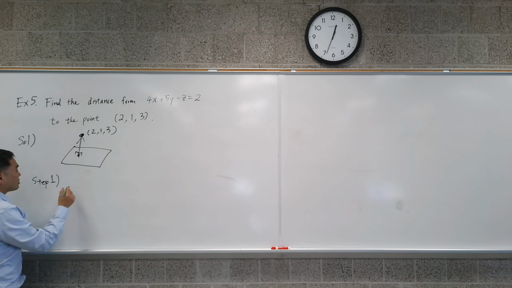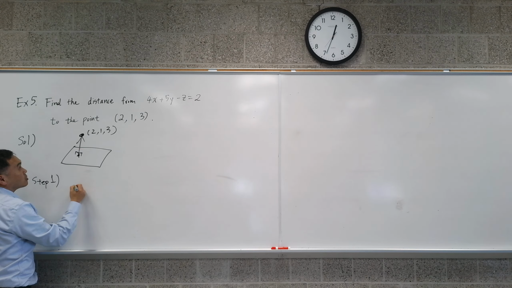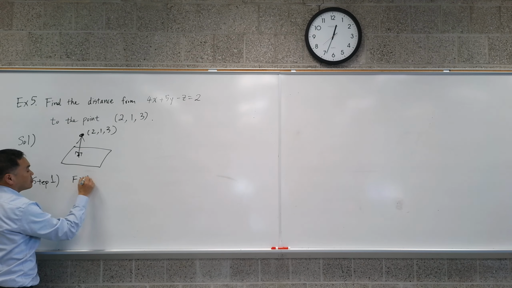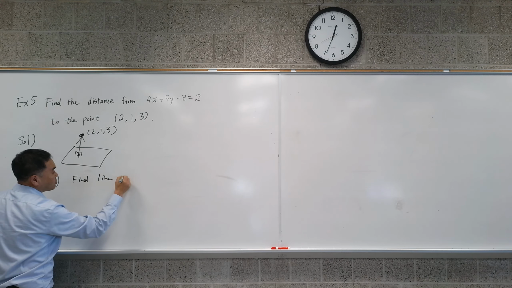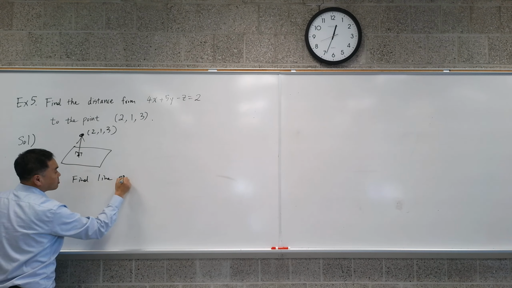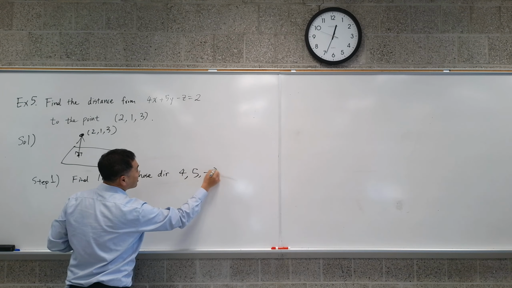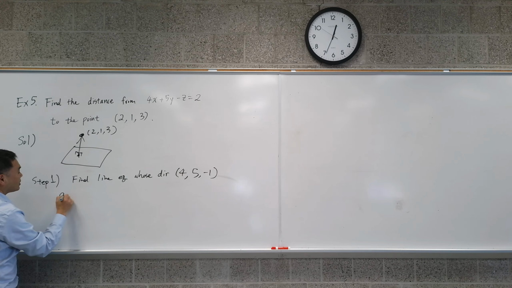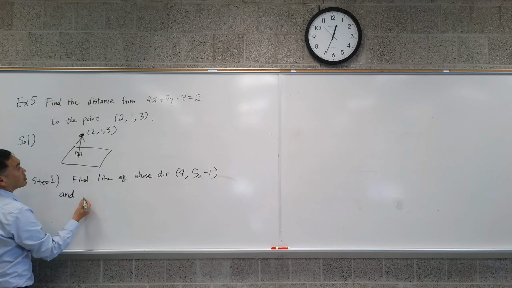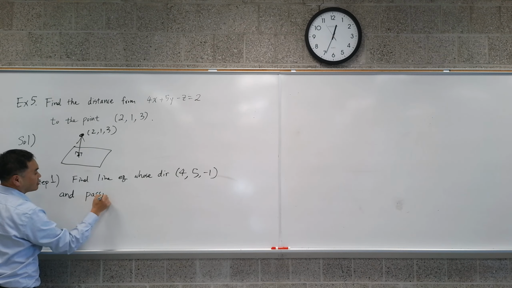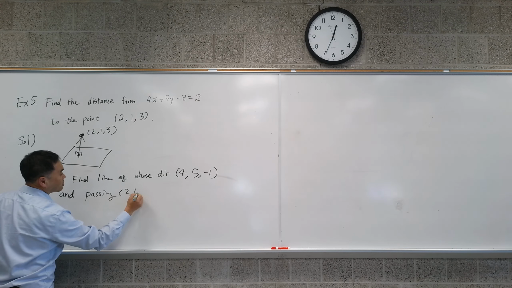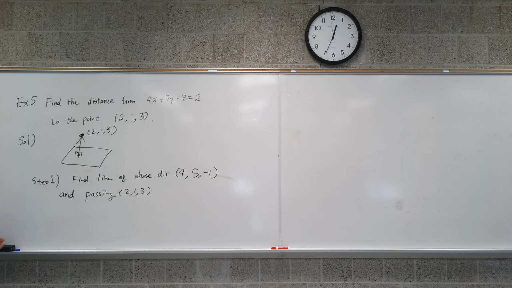So step 1, find a line equation whose direction is 4, 5, negative 1, and passing through 2, 1, 3. Got it?